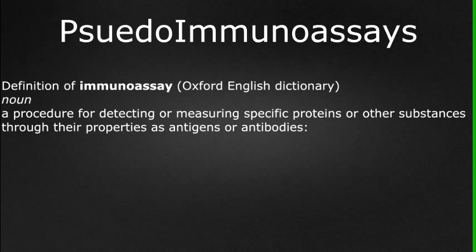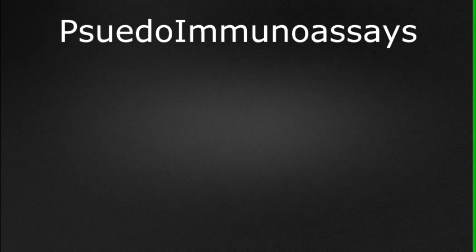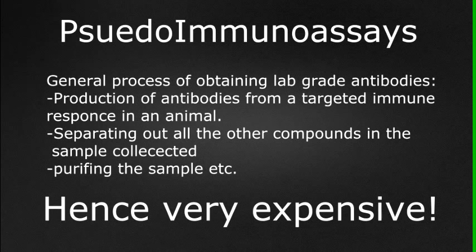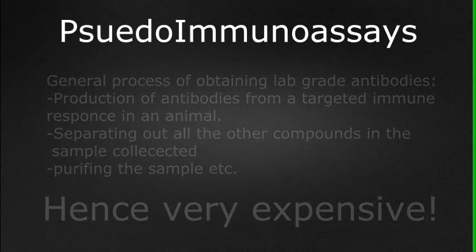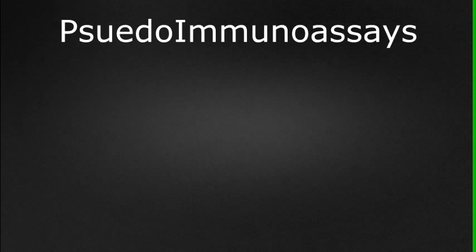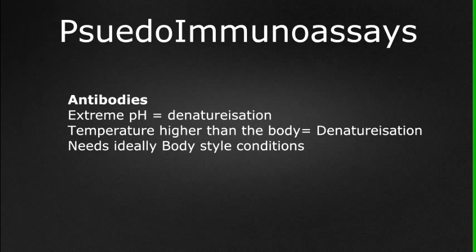Basically, an immunoassay is a biochemical test that uses an antibody to look for a macromolecule, usually specific proteins. This is extremely selective, but it costs a tremendous amount of money because these immunoassays generally have to be created through working with animals in the labs, collecting from the cells and purification, and they're very fragile. They work within a small range of pHs and temperatures, because it's a biological molecule.